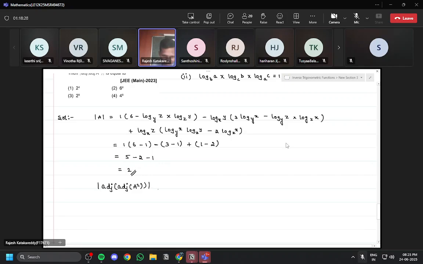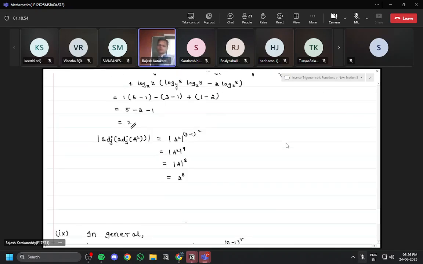I will write here the determinant of, right? What we do? Determinant of A square to the power 3 minus 1 whole square. So this is determinant of A square to the power 2 square, that is 4. So this is determinant of A to the power 8. Determinant of A to the power 8 is 2 to the power 8.